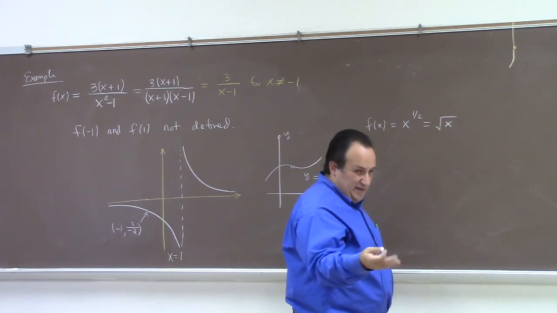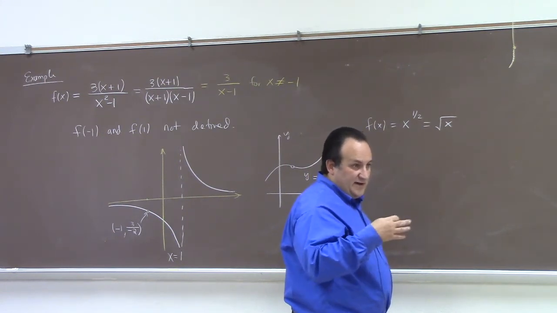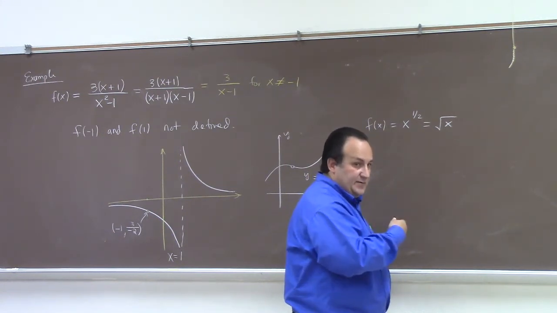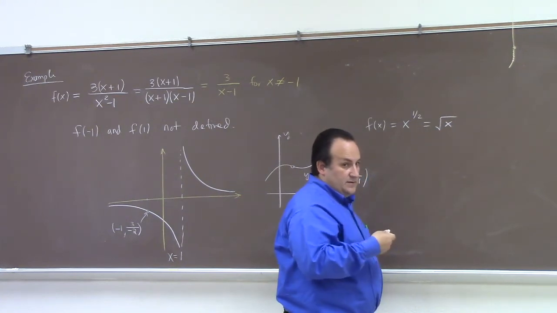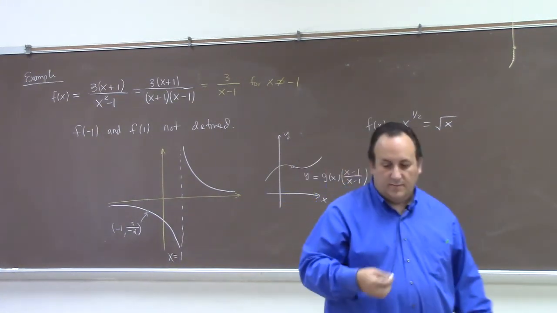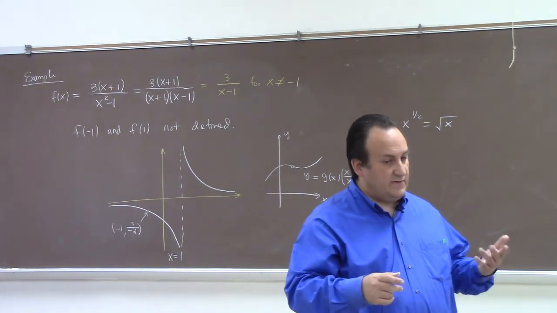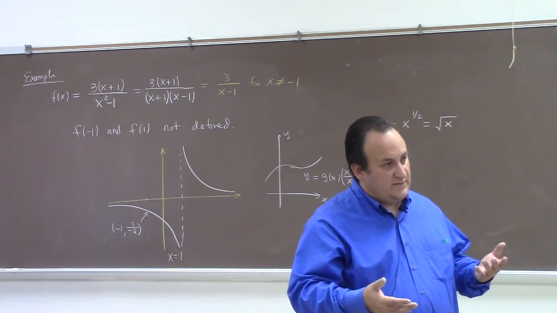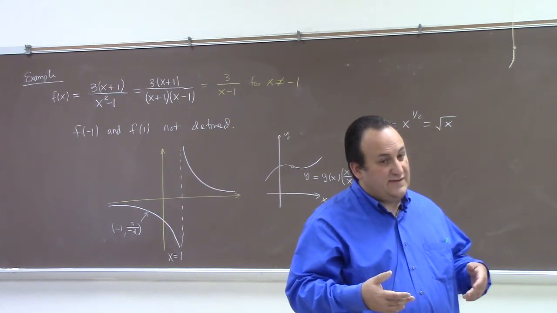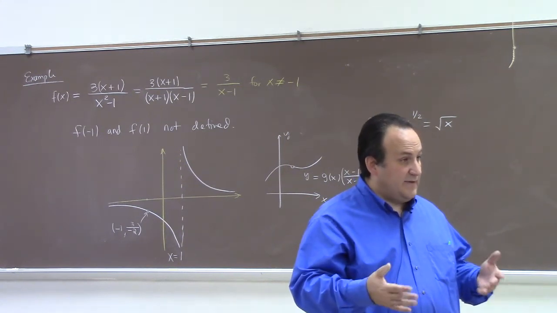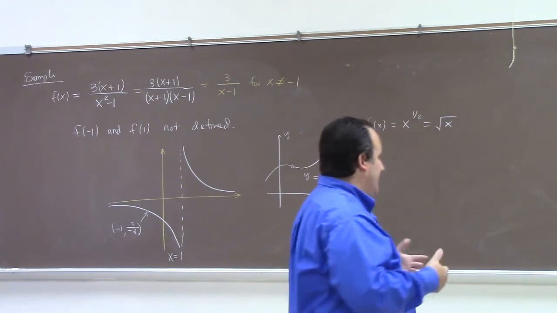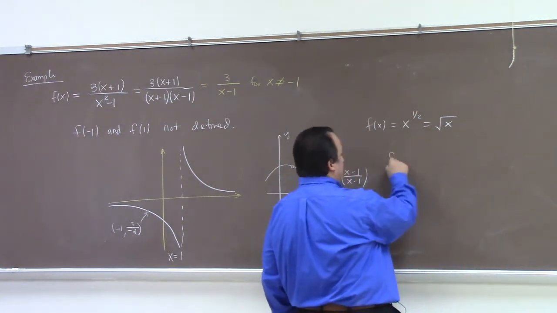So if p is a fraction like that, we have to throw out negative numbers if we want to keep it real. On the other hand, if p is a whole number, like 1, 2, 3, 4, whatever, certainly the domain of x to the p is the whole reals. If p is a negative number, like -2, what's the domain of this one?